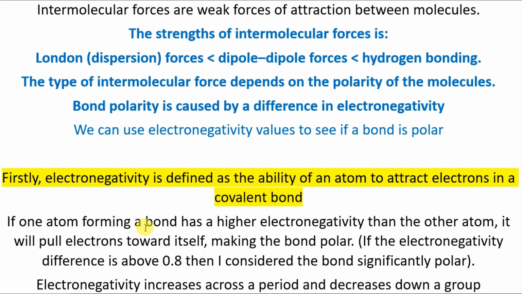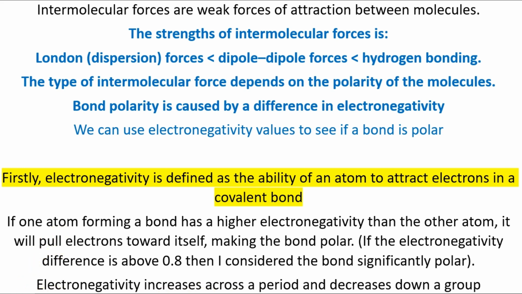If one atom forming a bond has a higher electronegativity than the other atom, it will pull electrons towards itself, making the bond polar. If the electronegativity difference is above 0.8, then I consider the bond significantly polar. That's a rule of thumb that I find to be most helpful.